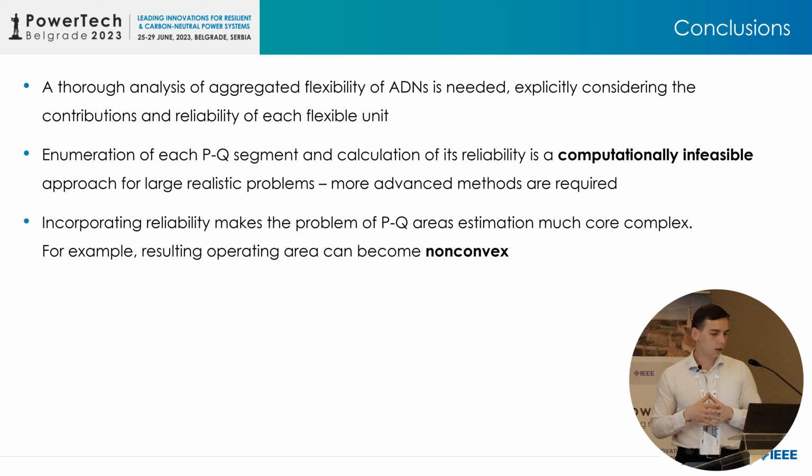And as I said, introducing some additional metrics to PQ flexibility makes the problem much more complex. As I demonstrated in this reliability-based segmentation, we can get nonlinearity, non-convexity, and it can be hard for distribution system operators to operate systems like that.